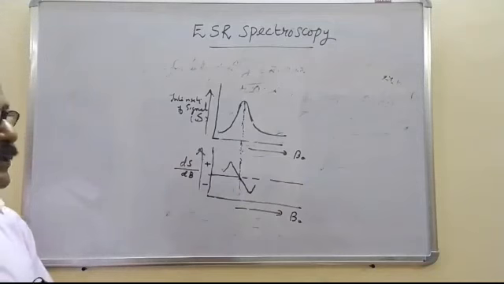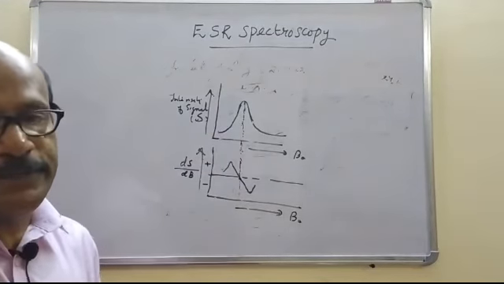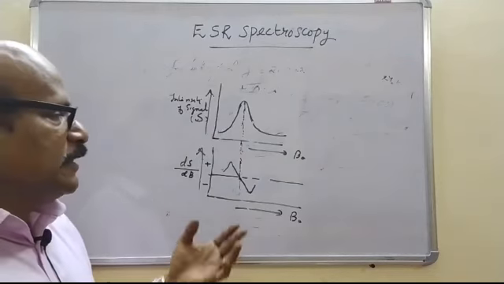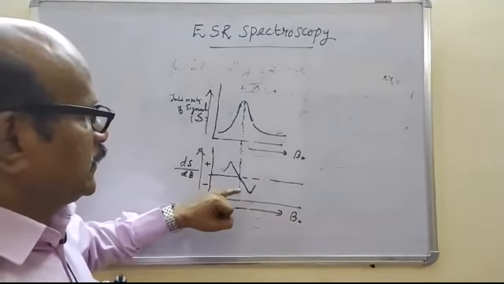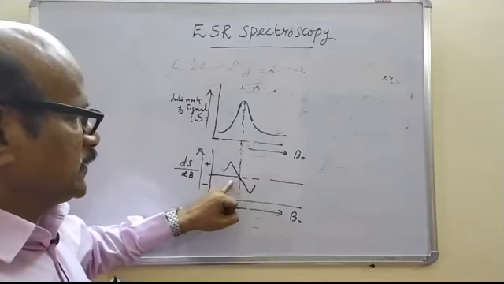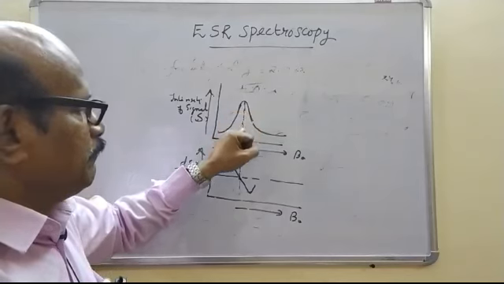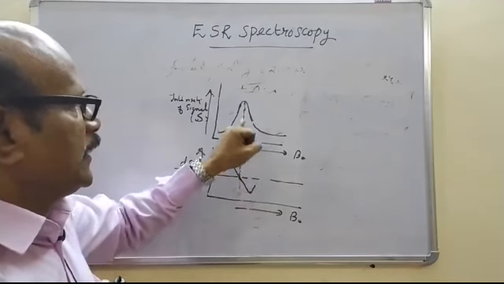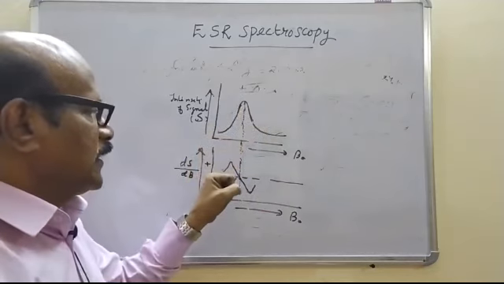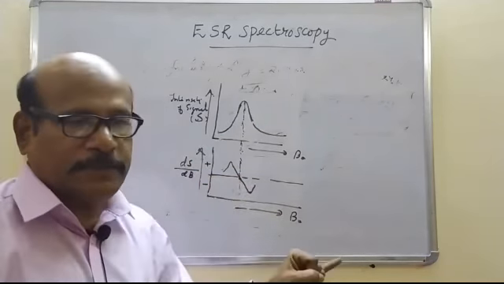So when we plot dS by dB against B0, the first derivative of the signal intensity against the applied magnetic field, the signal obtained is like this. That is, the peak then crosses the abscissa, and the number of peaks here corresponds to the number of maxima and minima.